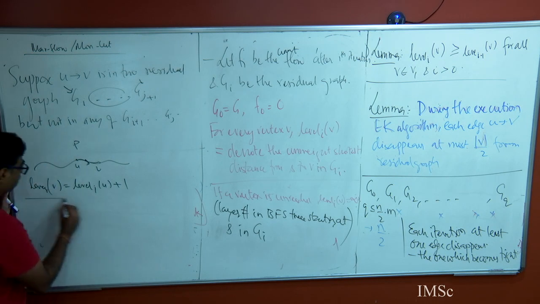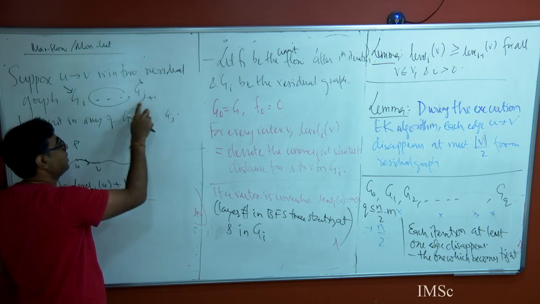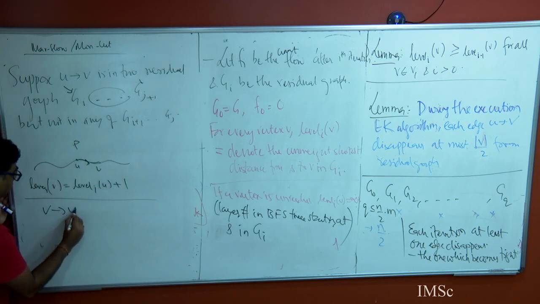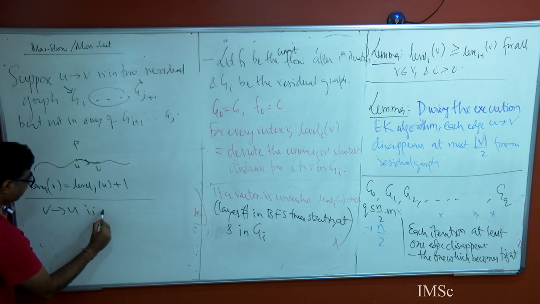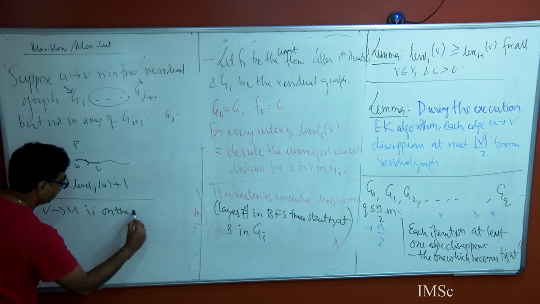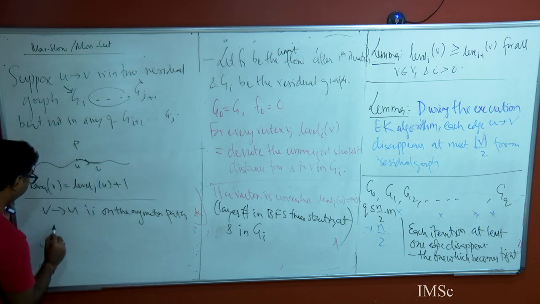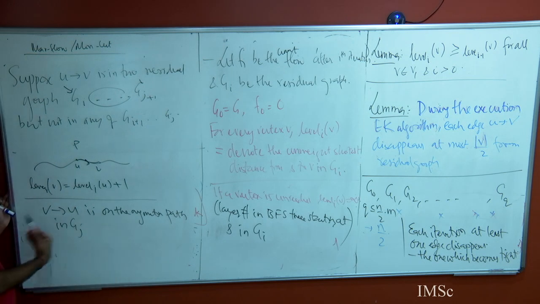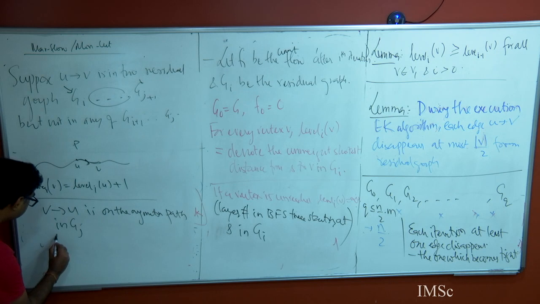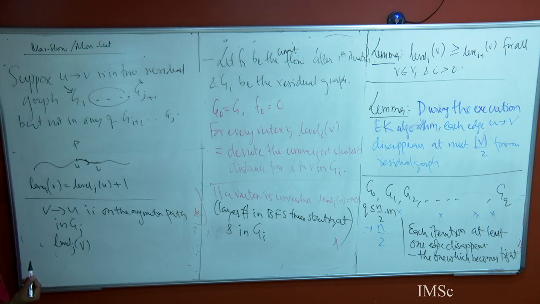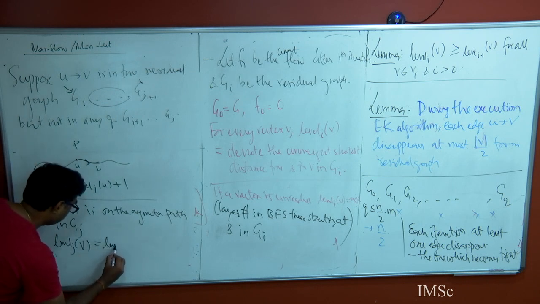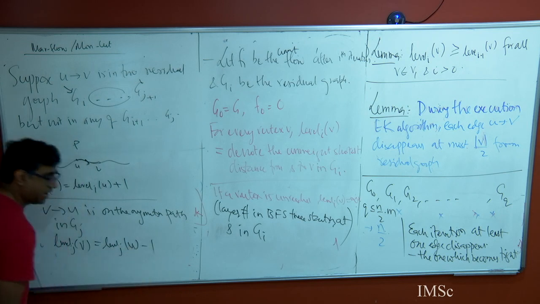So look, suddenly uv appears, it means vu is on the augmenting path where in G_j, only then uv appears. What is the meaning of this then? Level_j of v is equal to level_j of u minus 1.